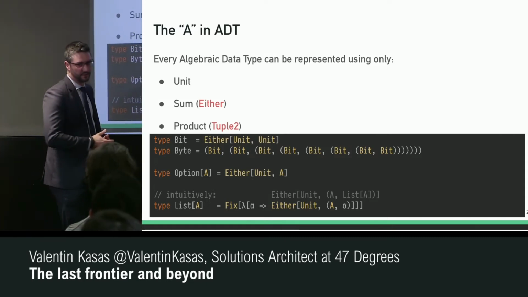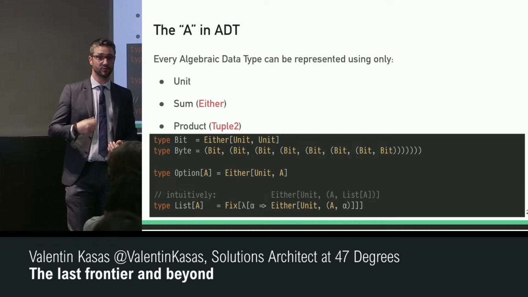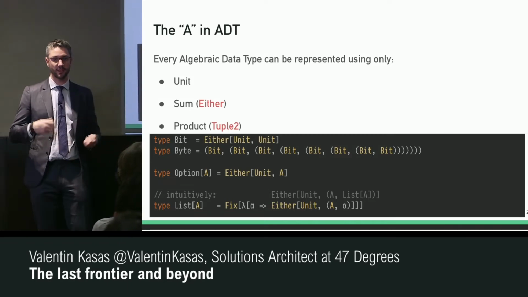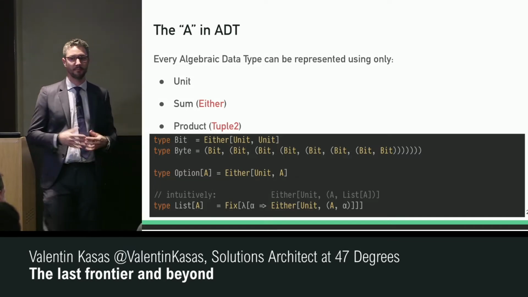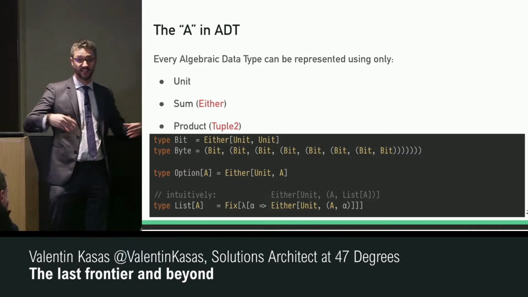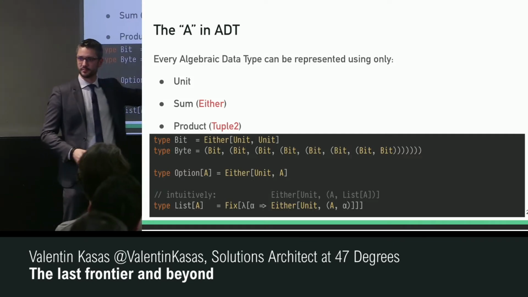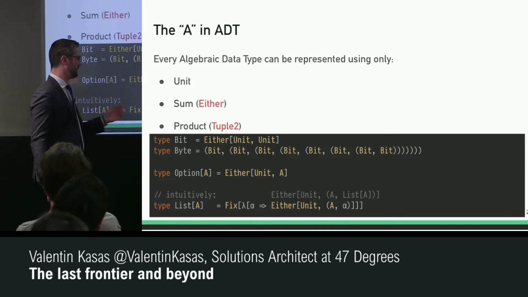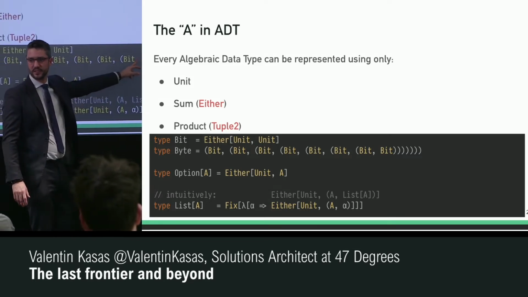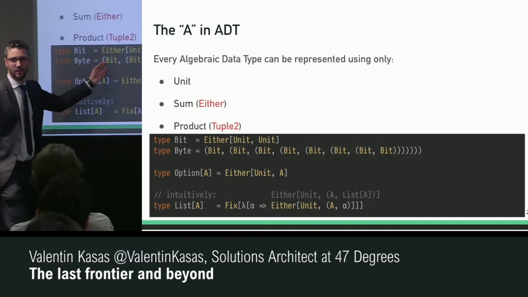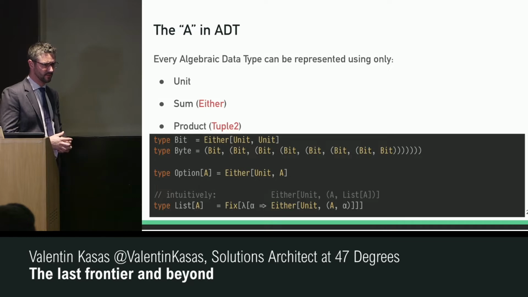The same goes with the product. A product of A and B has as many inhabitants as the product of the number of inhabitants of A and B. So if I want to define in the same way a byte that is 8 bits, I just define this nested product, and what I get is 2 times 2 equals 4, times 2 equals 8, and so on, up to 256 inhabitants.